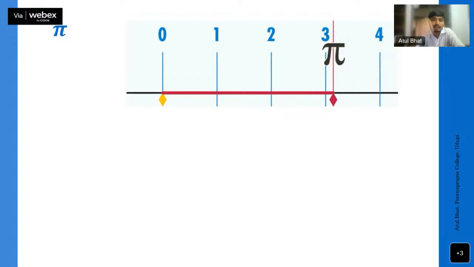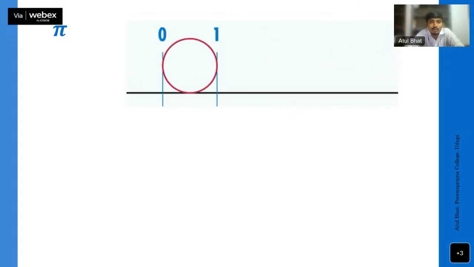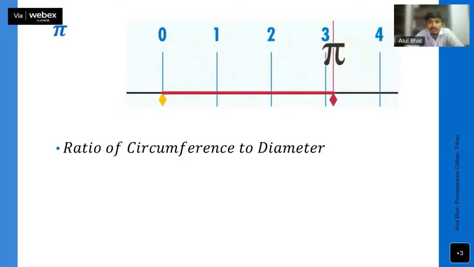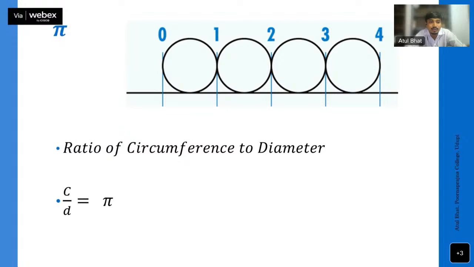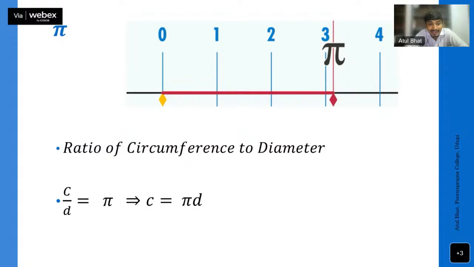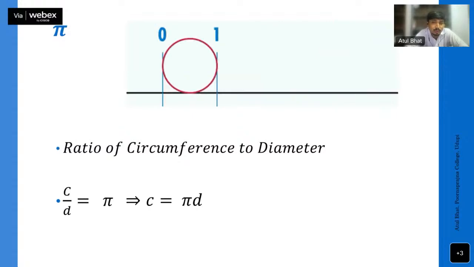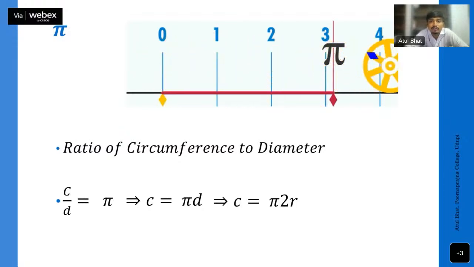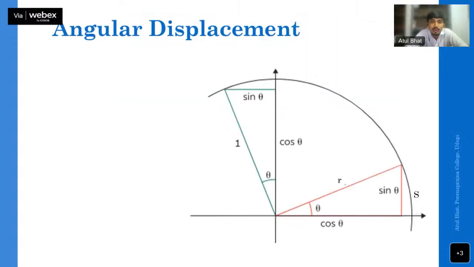And you'll find that for all circles, this ratio of circumference to the diameter will always be this value that is marked over here, that is 3.14. So the ratio of C by D is equal to pi, we call it. Or from this we get the formula C is equal to pi D, cross multiplication, and D is nothing but 2 times the radius. So if you know the radius of any circle, you can calculate its circumference using the value of pi. The value of pi is 3.14. It's not exactly 3.14, it's a never ending irrational number, but from here onwards we'll consider it as 3.14.